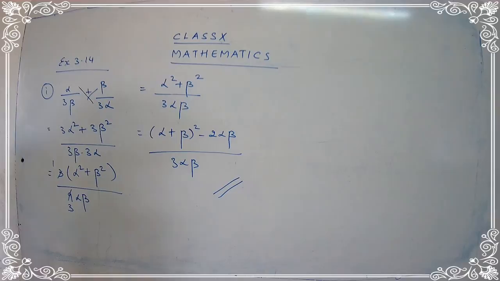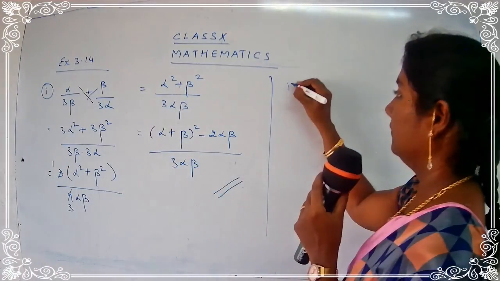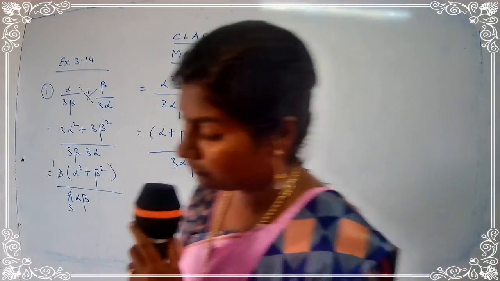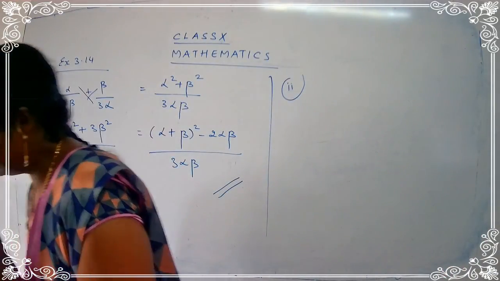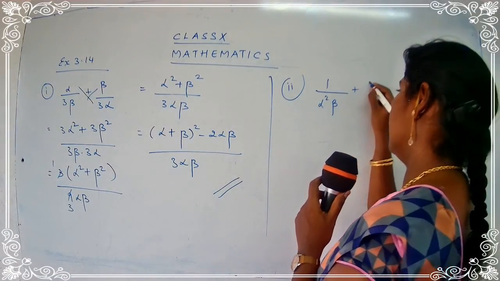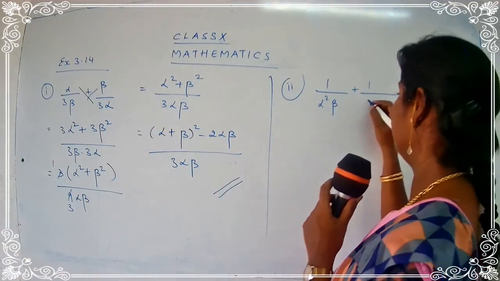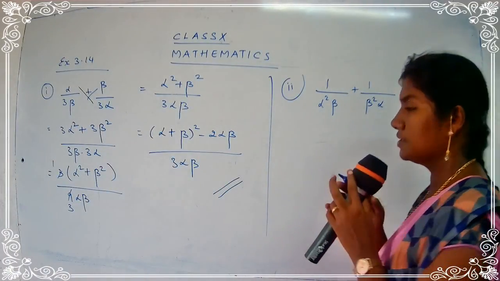It's a very easy sum. 1 upon alpha square beta plus 1 upon beta square alpha. Okay children, so this is what we have.